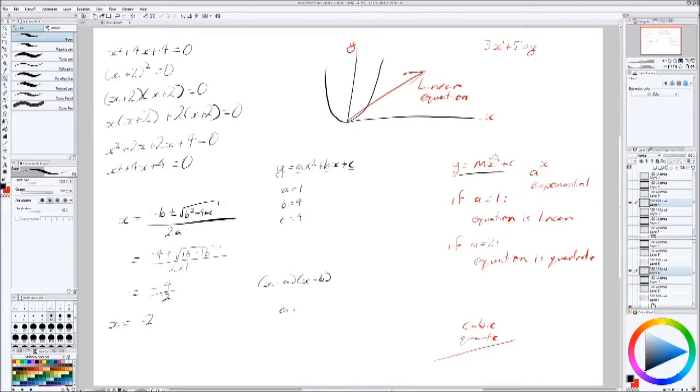Therefore, if a equals negative 2 and b equals negative 2, then that ends up being x minus negative 2, x minus negative 2, which when you multiply a negative by a negative, you end up getting x plus 2 and x plus 2, which then becomes x plus 2 squared.